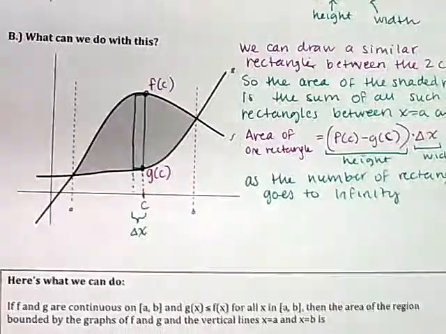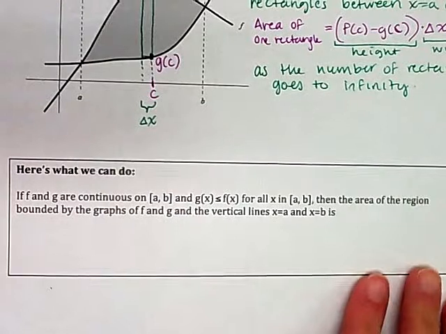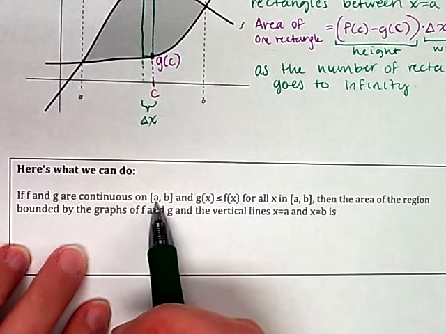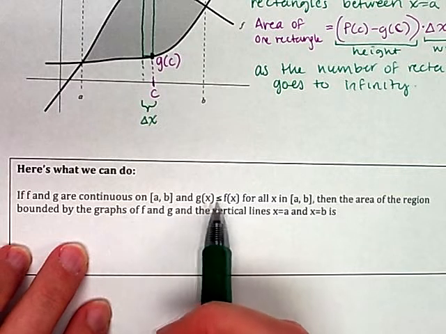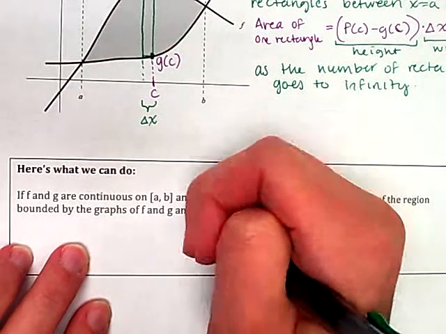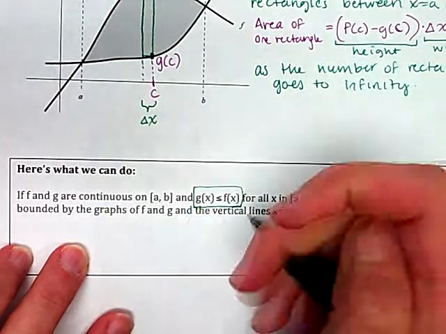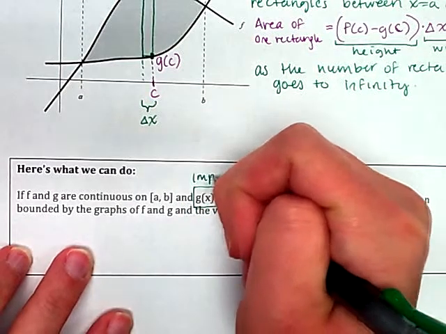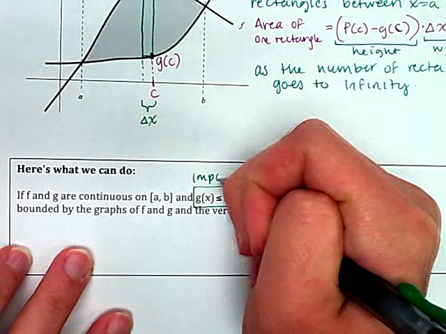So if we come down to the box along the bottom of the page, it says if f and g are continuous on the interval a b, and g of x is less than or equal to f of x. This is an important idea. So we're always thinking about which function is smaller than the other one, or has smaller y values.